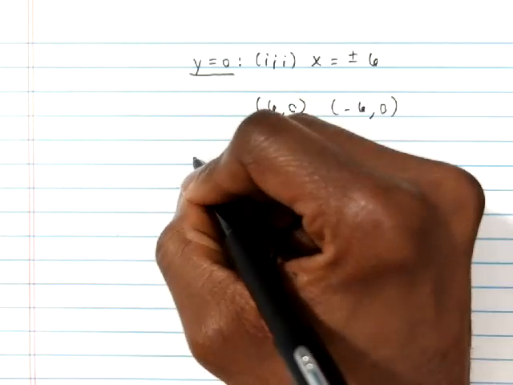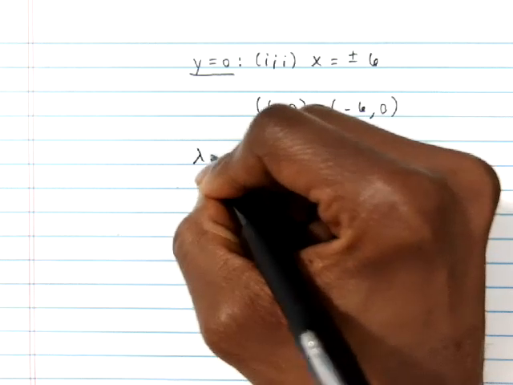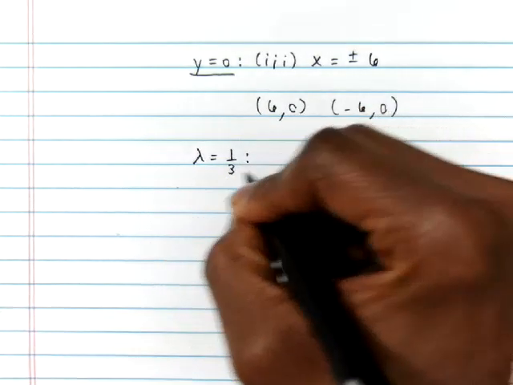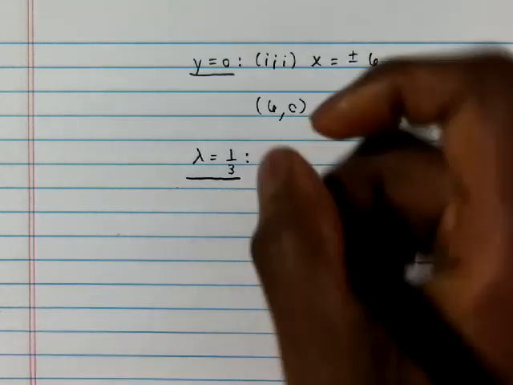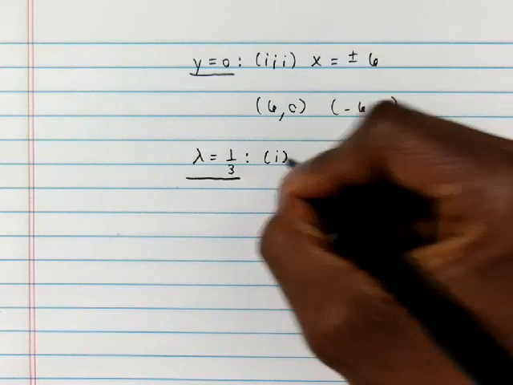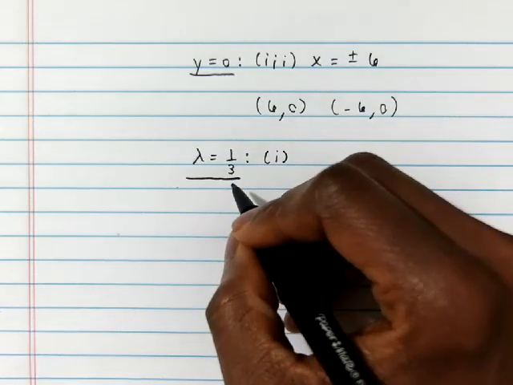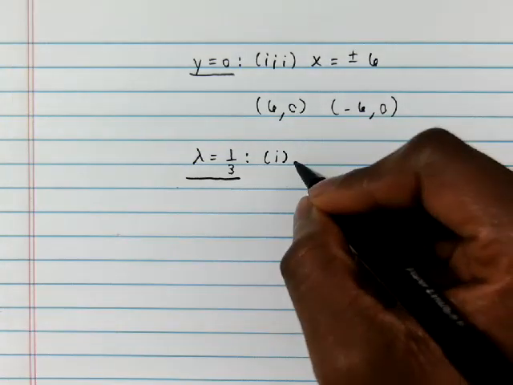We had the case to consider when lambda was equal to 1/3. There are no lambdas in equation 3 because that was just our constraint equation. So we're looking at equation 1. We're going to put this in equation 1. We got it from equation 2, so we can't put it back in there.